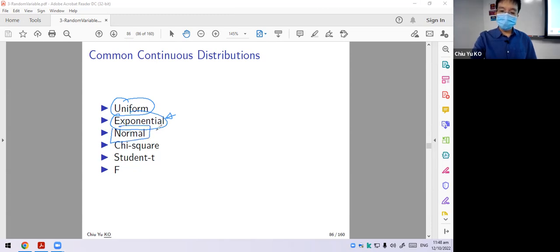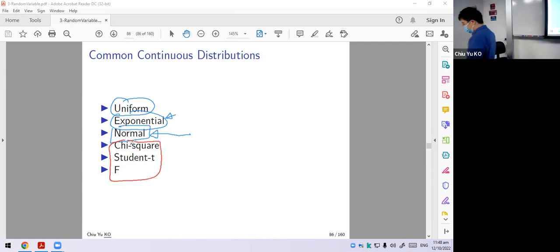This is the main focus of today. For the rest, we will just briefly touch on them. The reason is that they will be introduced again in the rest of our course, but I just want to mention them right now. We'll briefly tell you what they are, so when you see them, you will not be surprised.